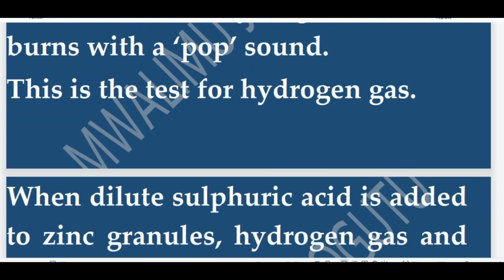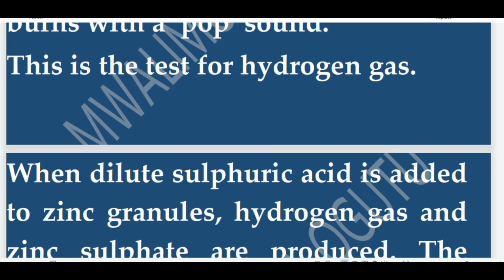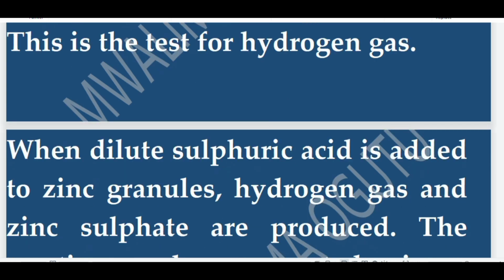When dilute sulfuric acid is added to zinc granules, hydrogen gas and zinc sulfate are produced. Remember we said when acid reacts with metal, there is a production of salt and hydrogen gas. The salt depends on the metal used.